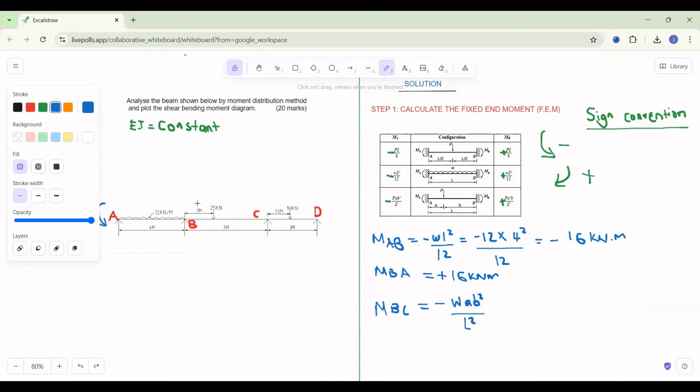If you look at this diagram, this will be our a and this will be our b, right? So if you work that out, you'll get negative 25, our point load is 25 kilonewton here, multiplied by 2 multiplied by 3 squared divided by our length 5, so 5 squared. If you work this out, you'll get negative 18 kilonewton meter, right?